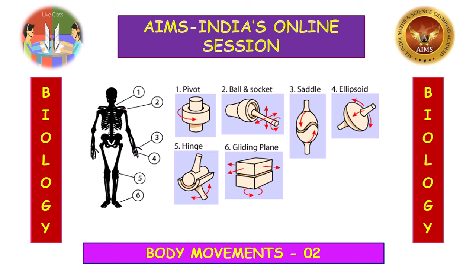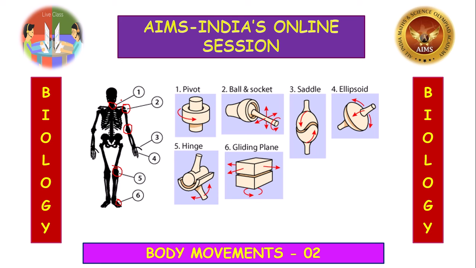For example, here it is a joint, here it is a joint, here it is a joint. These are all the places where you can find joints. That's why we are able to move. Bend, stretch, all these are possible only due to the presence of these joints.